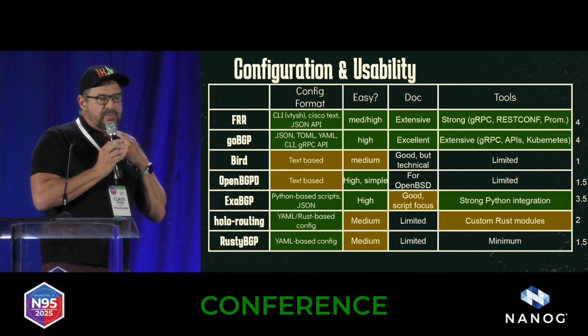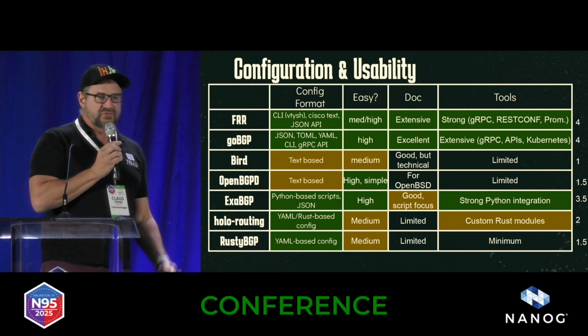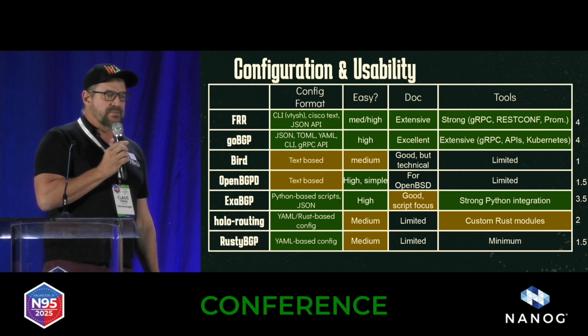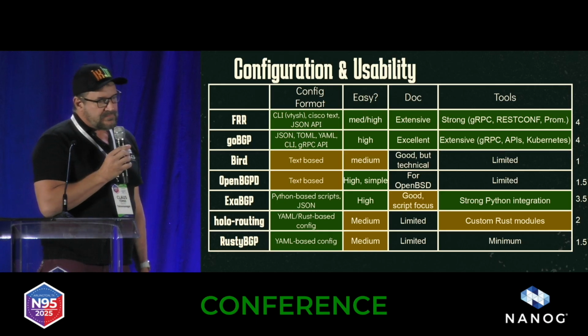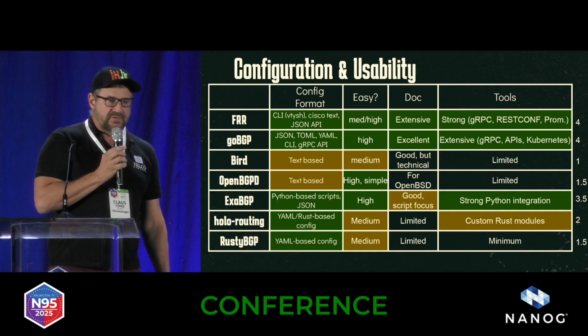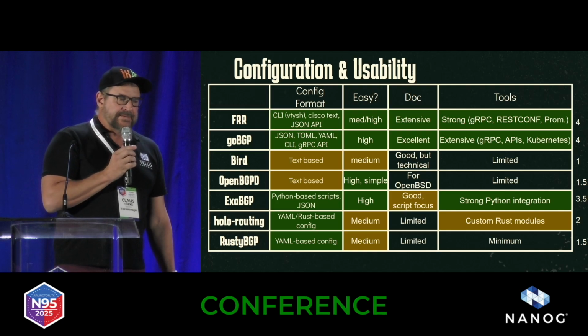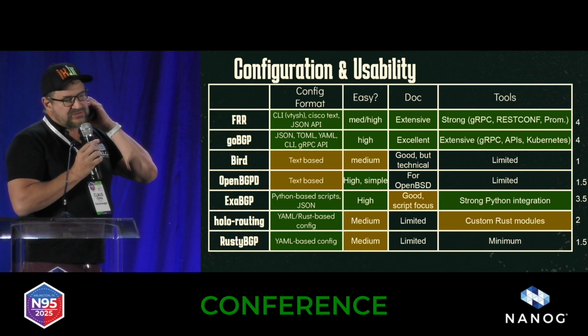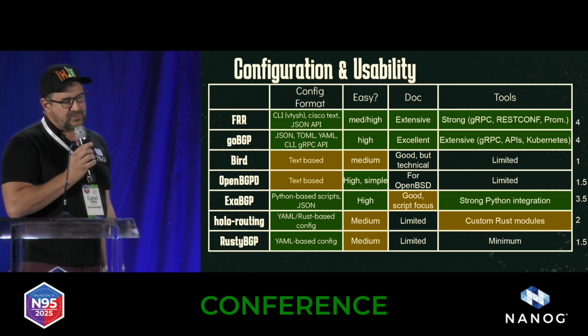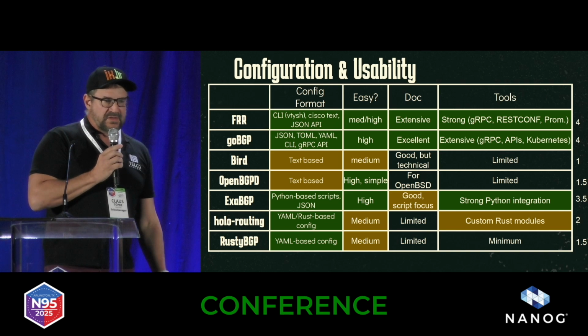FRR is based on Cisco text and also has a JSON API. GoBGP has gRPC. Bird is text-based through CLI. OpenBGP as well. ExaBGP is just Python. And Holo-Routing is YAML with netconf. And RustyBGP also YAML.